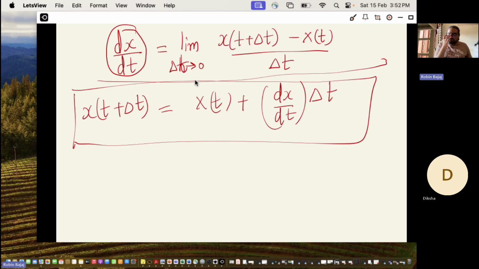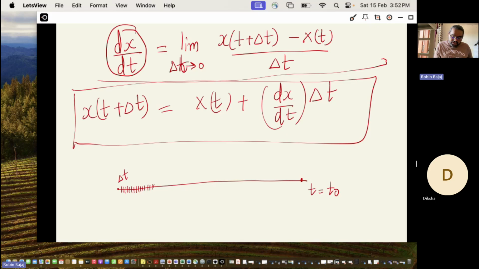So the idea of Euler method is, if you want to solve a differential equation like this, I'm at, let's say, time t equal to 0, and I want the value at some time t naught. So I will divide this line into very small grid points. That is our delta t.